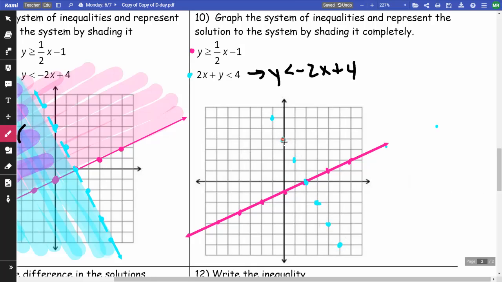And this is going to be the same situation I actually had on the other side. They want this to be less than. That means I'm going to shade below. So hold on. I didn't shade the other one. This one was shading greater, so I'm going to shade above.